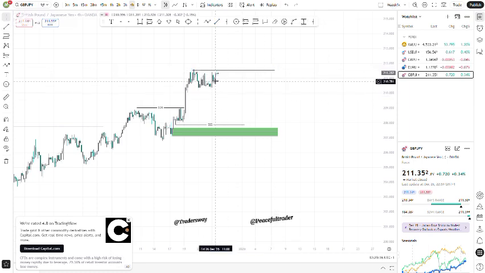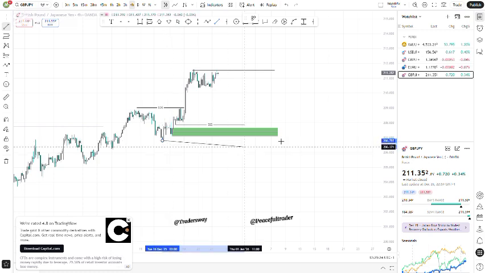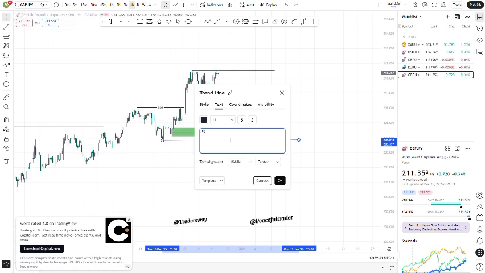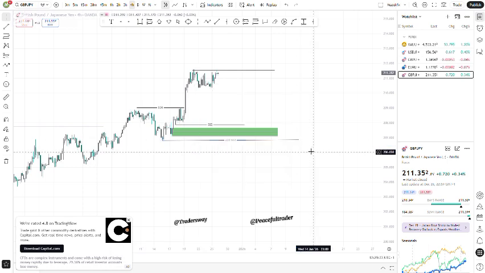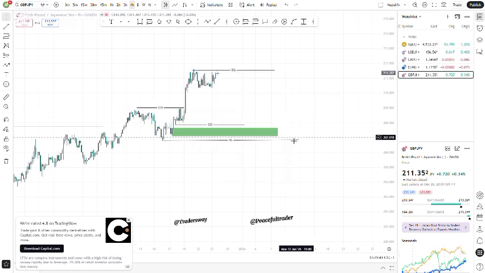Because we are in a bullish market, and this is the main sell side liquidity that cannot be taken, which we all know. Sell side liquidity, and here is the buy side liquidity that can be taken.